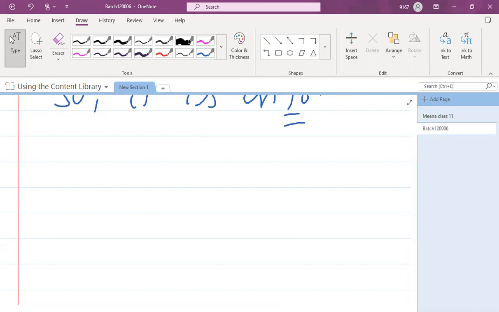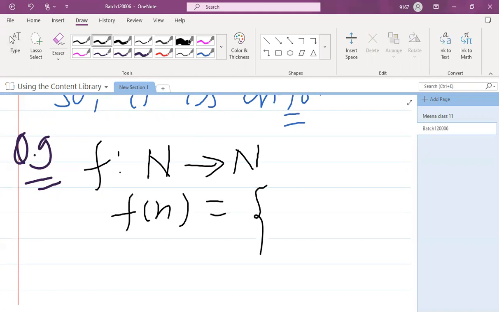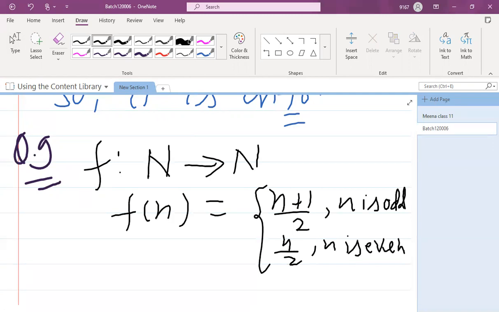Question number 9 has been asked twice in the board exam. Question 9 is important also. Let f be a mapping from N to N, natural numbers, defined by f(n) equals (n plus 1) by 2 if n is odd, and n by 2 if n is even.